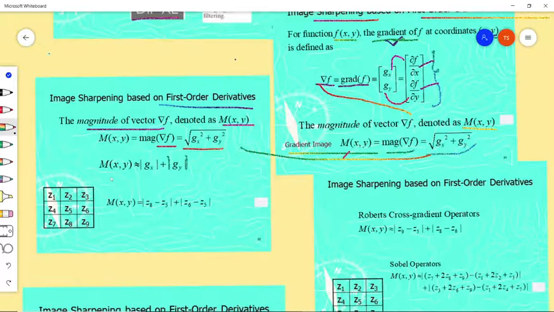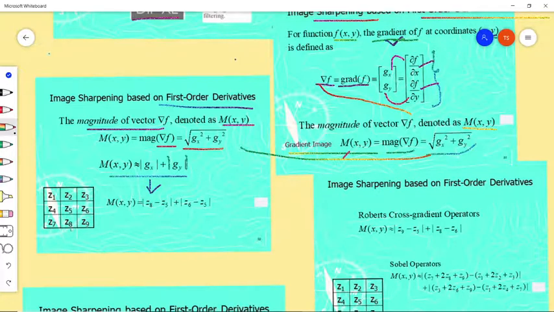Then this is represented with the coefficients. Suppose these are the matrix coefficients, 3 by 3. It is the mask, suppose.